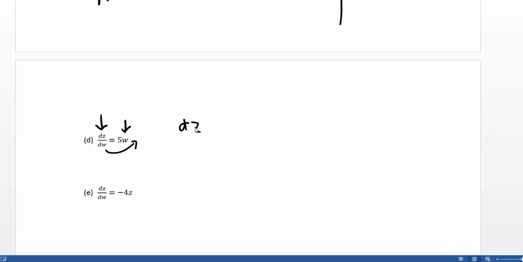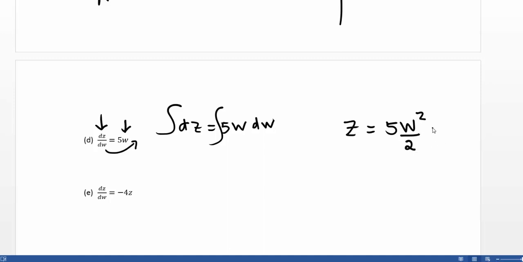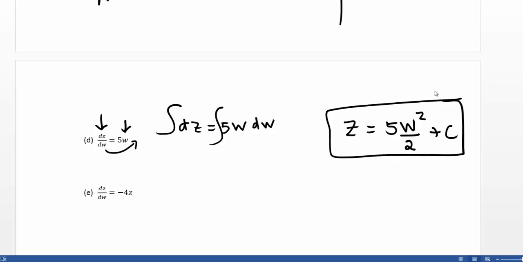So we have dz equals 5w dw. And now we're going to integrate both sides. So we get z equals 5w squared over 2 plus c. We don't have to do any extra algebra because the z is by itself and it's already solved. So this is not exponential growth or decay.